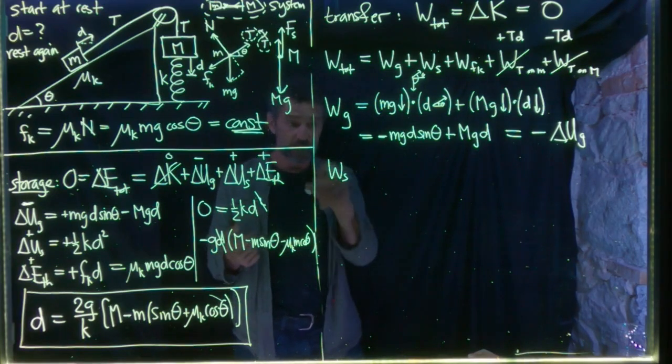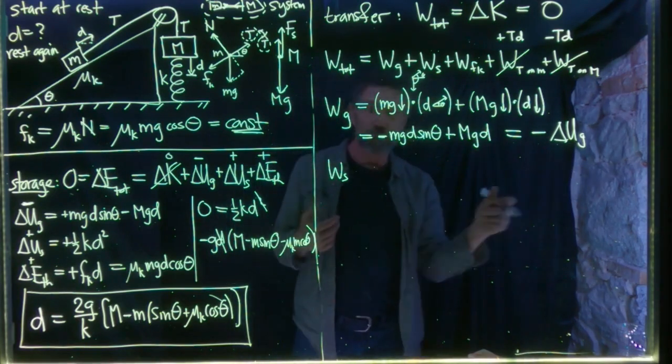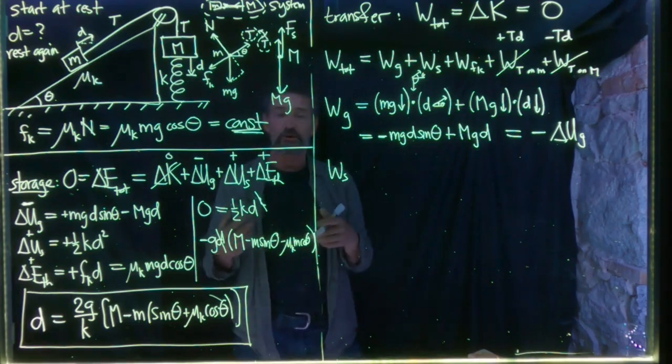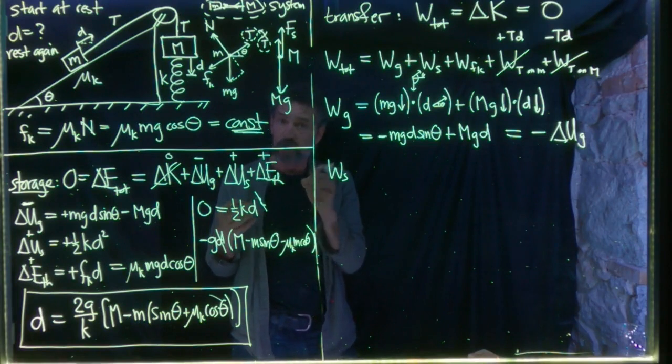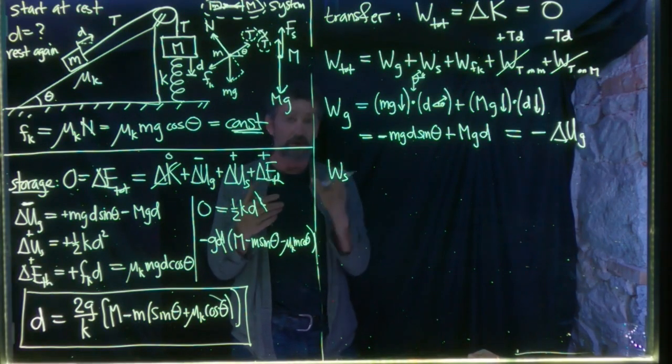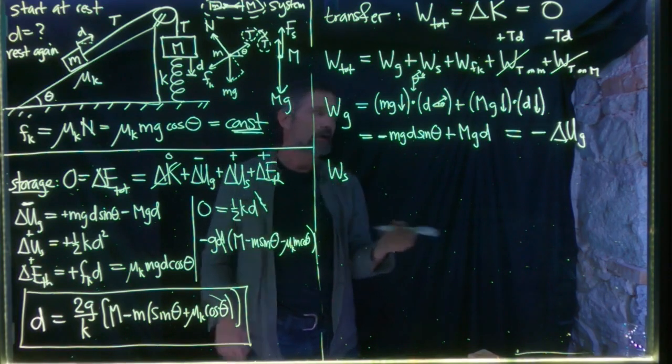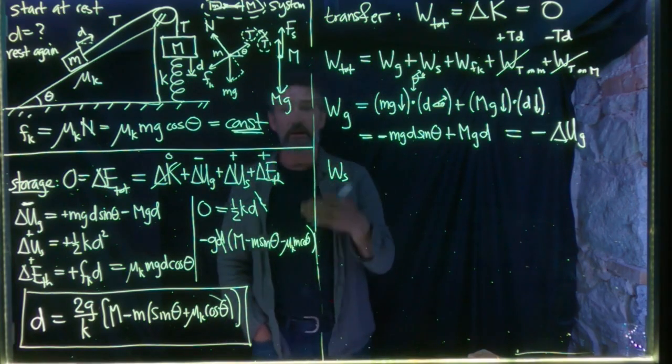The work done by the spring will be the negative of the change in energy of the spring. And change in energy of the spring, because energy of the spring is a positive 1/2 kx squared plus a constant, the change in the energy is positive 1/2 k times the change in x squared. And so the work done by the spring will be the negative of that.